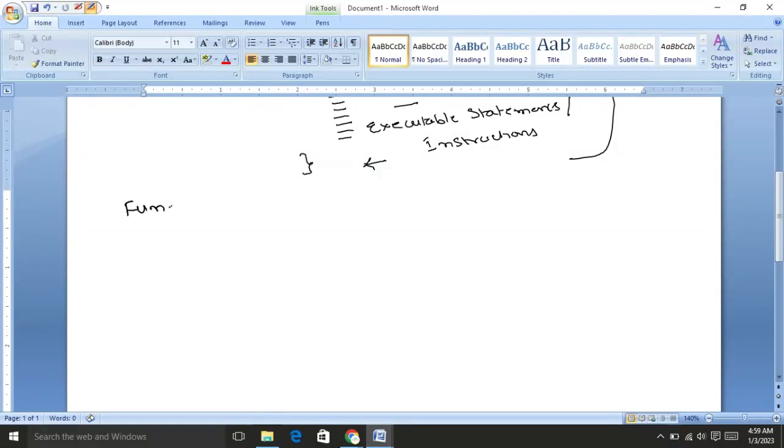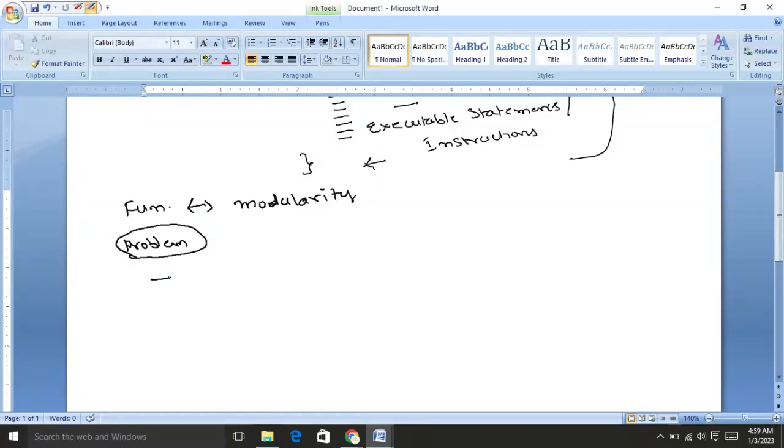The main purpose of functions is modularity. What is the meaning of modularity? Consider one problem.